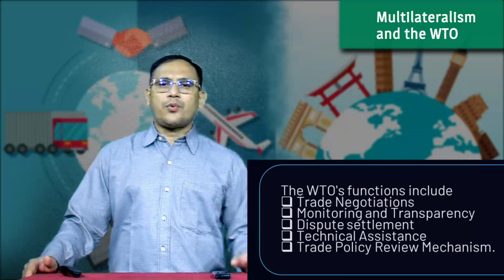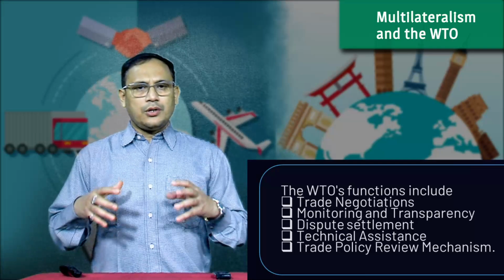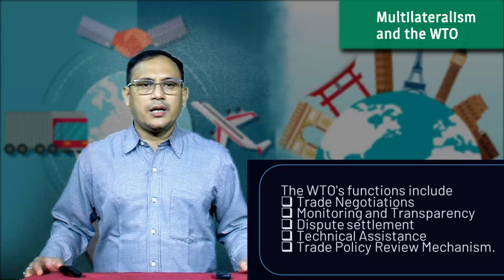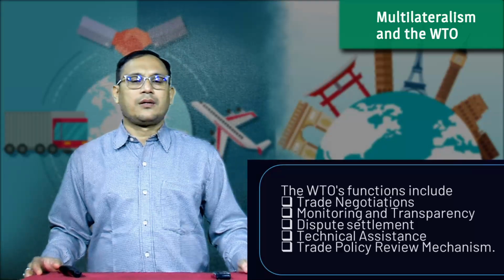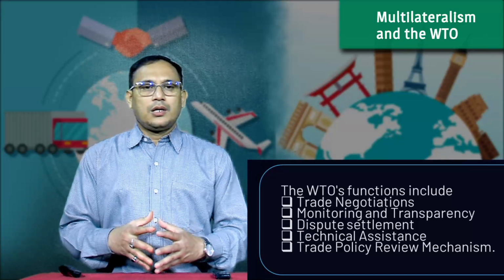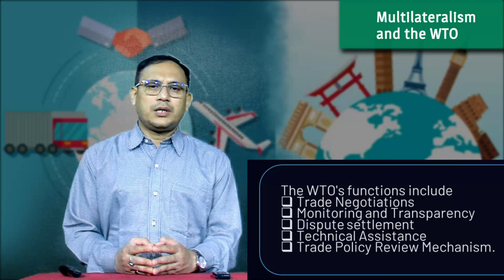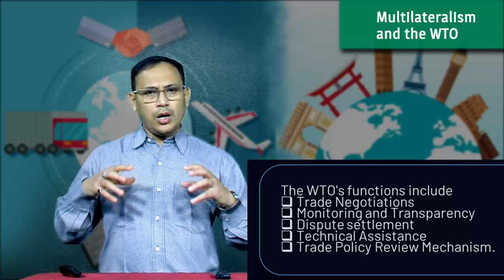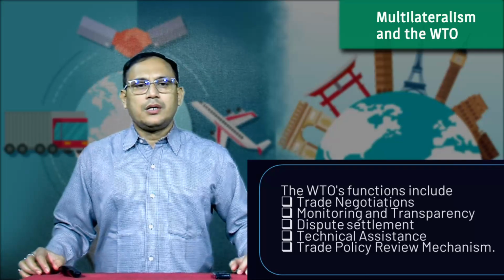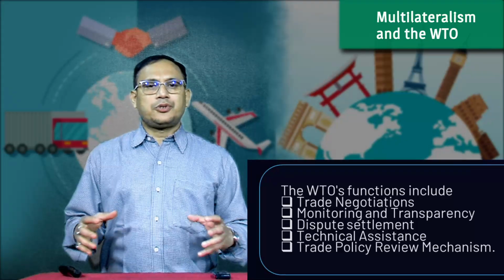That is why it requires members to notify the organization of new trade measures for ensuring transparency in trade policies. Another important function of the World Trade Organization is dispute settlement. The World Trade Organization provides a forum for resolving trade disputes through its dispute settlement system.